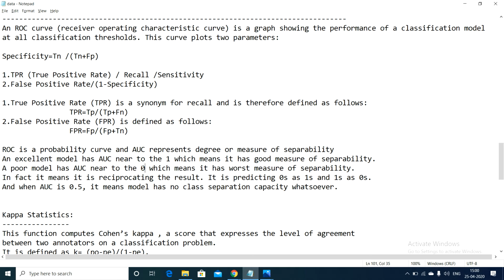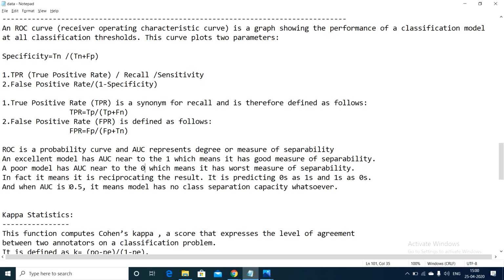If AUC is 1, then we say it is a good measure of separability, because AUC represents the measure of separability. In poor models, AUC will be 0. After knowing all these parameters, we will be calculating each and every parameter on our model or our project. Our project is best cancer diagnosis using ensembling technique, right?